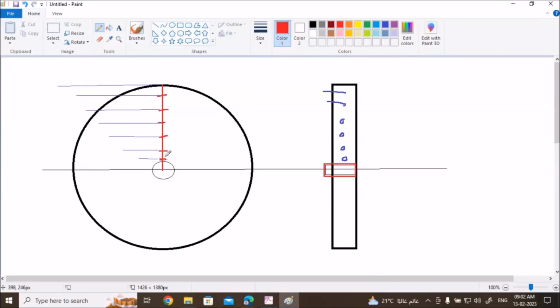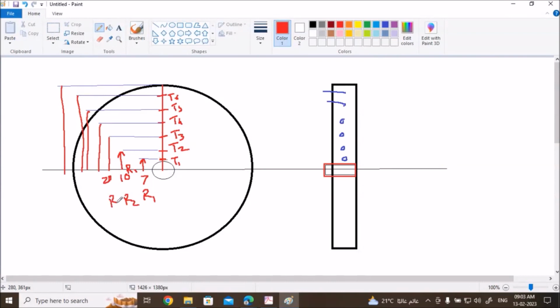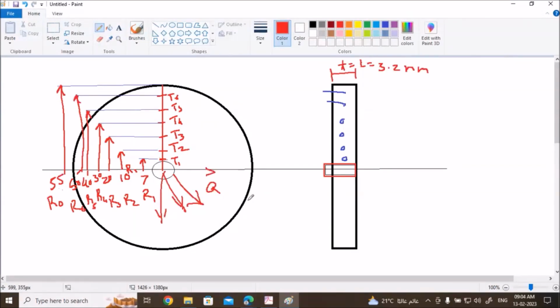So here I will write the thermocouple T1 at radius of R1, T2 at radius of R2, then T6. So R1 is 7 milli, R2 is 10 milli, R3 is 20, R4 is 30, and outer radius RO is 55, or diameter is 110.